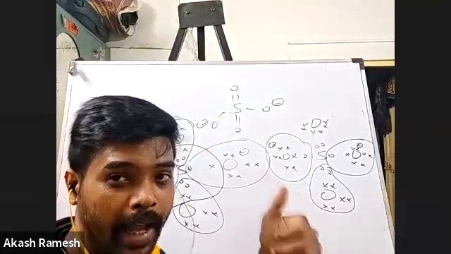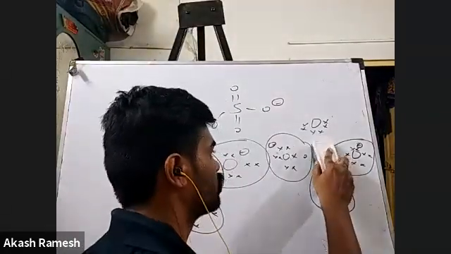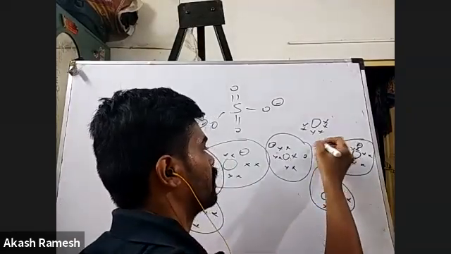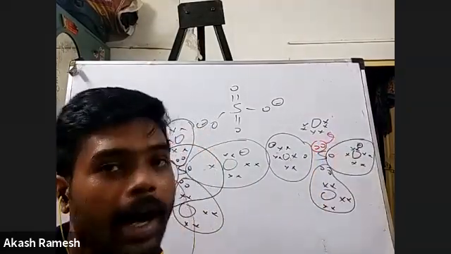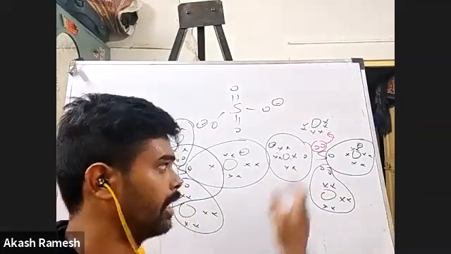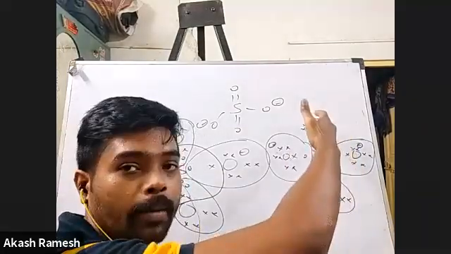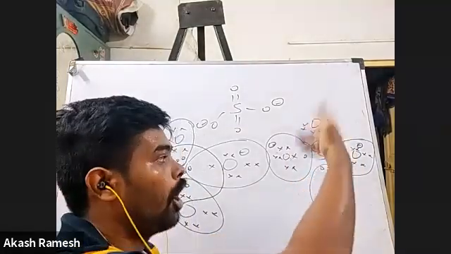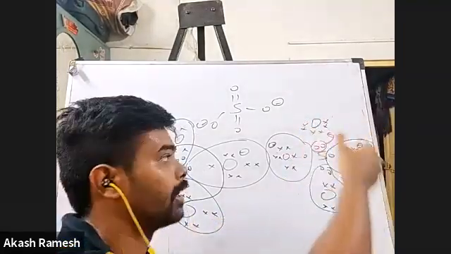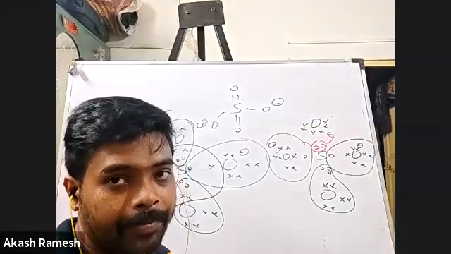Instead of that, I can make a coordinate bond also. How? I put this electron here, and these 2 electrons are going to go to oxygen. Octet satisfied, it requires 2 electrons. However it goes, it doesn't matter. Either I form a double bond, or these 2 electrons go to the oxygen atom in the form of a coordinate bond. Either way, this oxygen atom's octet is satisfied.